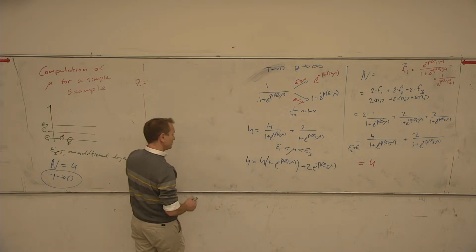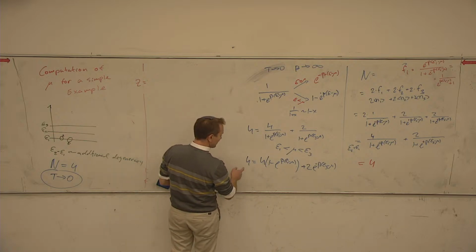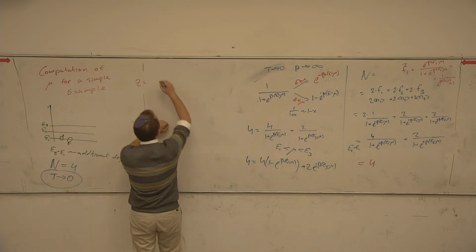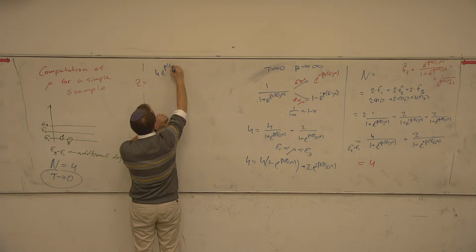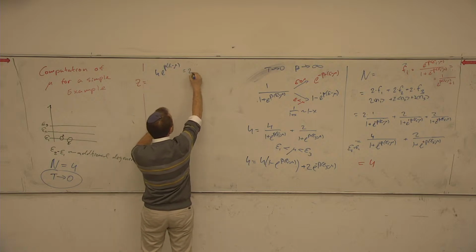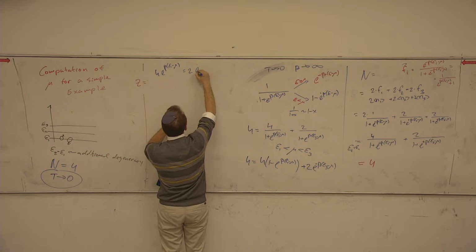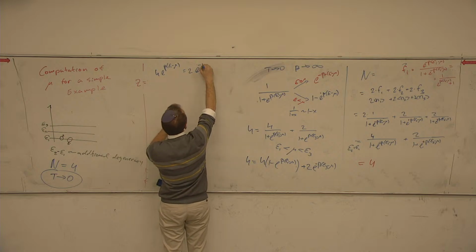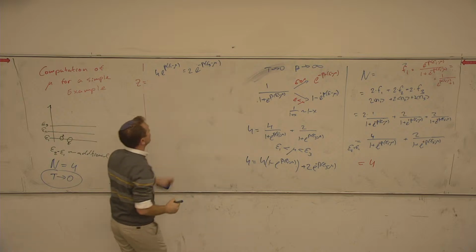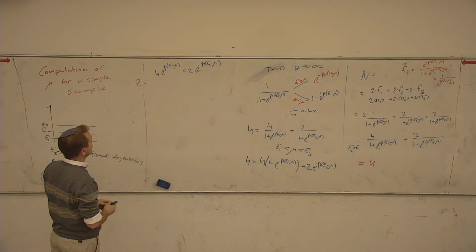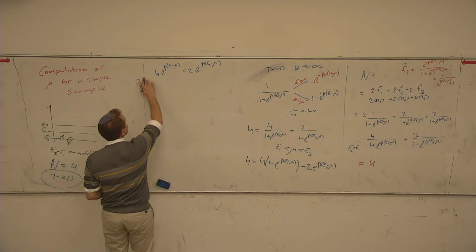So what do we obtain over here? We open up the parenthesis and we have 4 multiplied by e to the power beta (epsilon 1 minus mu) equals 2 times e to the power minus beta (epsilon 3 minus mu). Okay, let's take a log out of it.